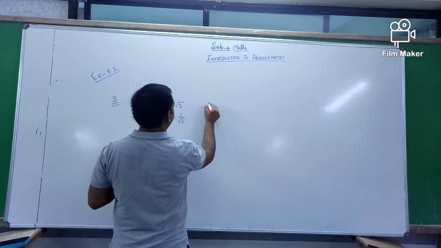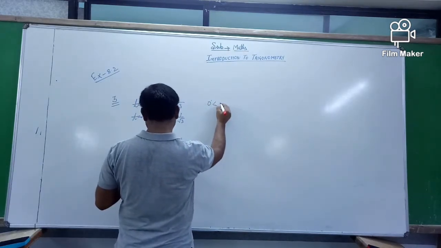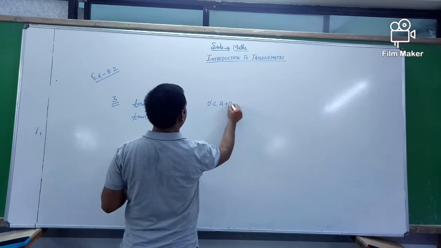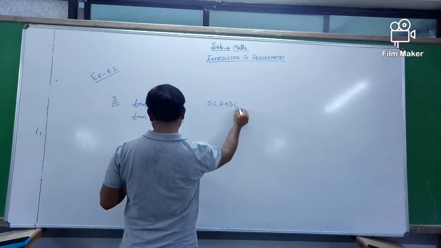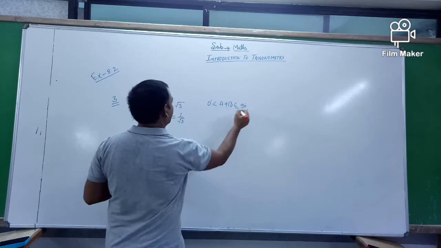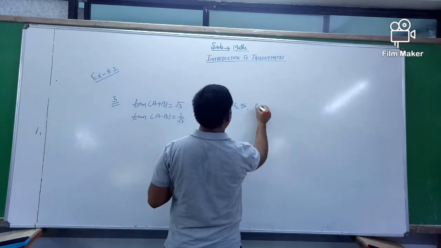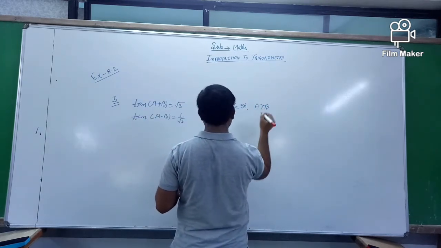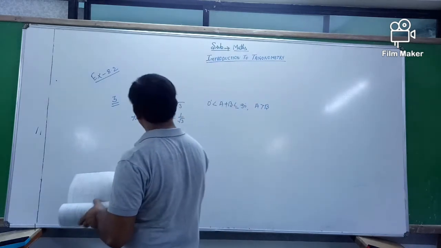The first condition is that 0 degrees is less than A plus B and A plus B is less than or equal to 90 degrees, and the second condition is that A is greater than B. Then find the values of A and B.